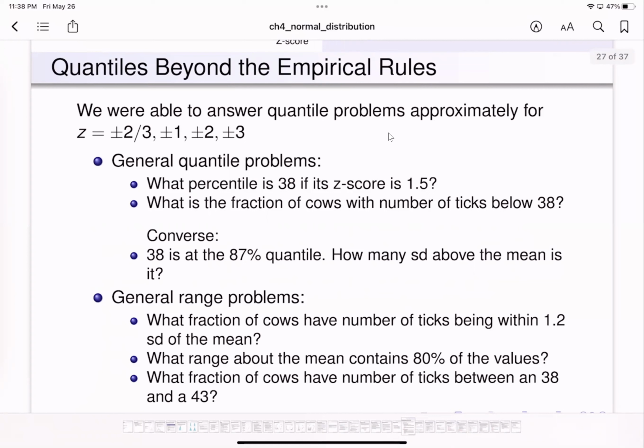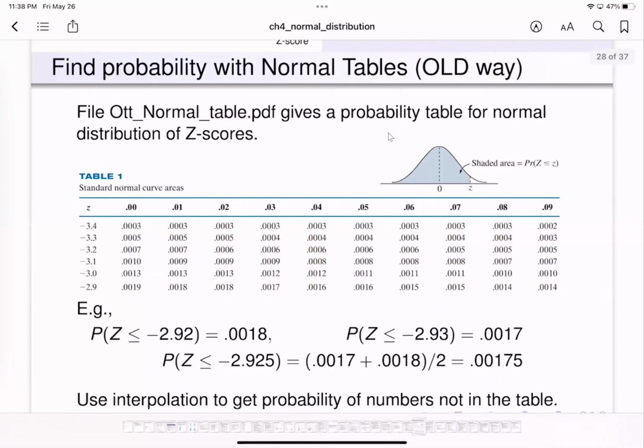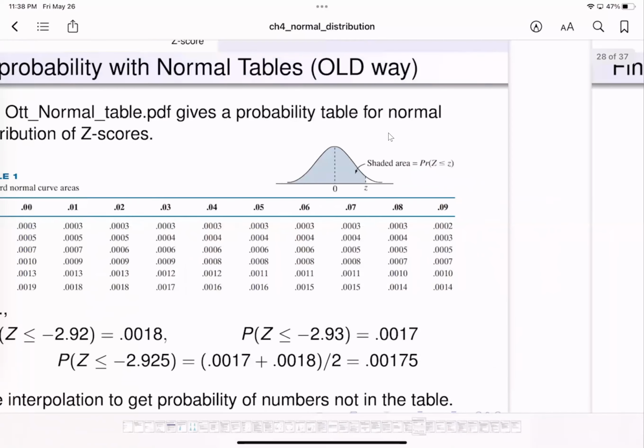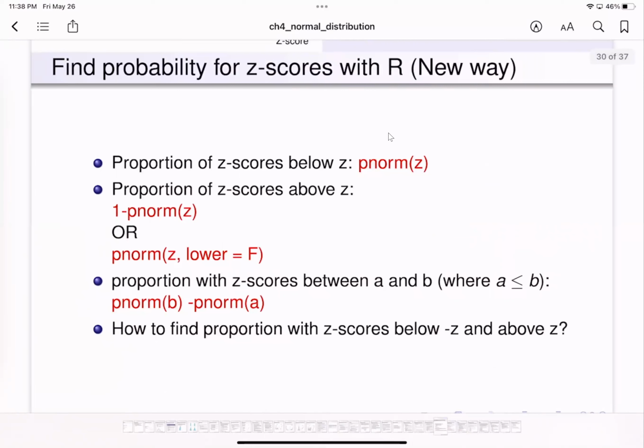In the textbook, it relies on the z-score and asks you to use a table to find it. The table is a very old way of doing that, so I'm going to skip it. Instead, we're going to learn a new way, which is to use R to compute the probability.